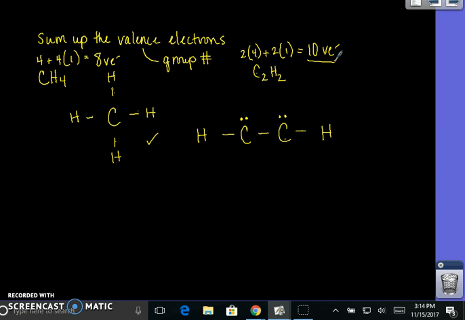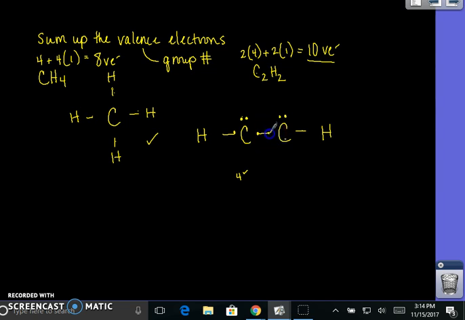How many electrons does carbon want? He always wants to have 4, right? Well, if I look at this, he owns these 2, and he shares these 2. So we've got 2, 3, 4. Does that check out? Of course it does. And it does this for both.